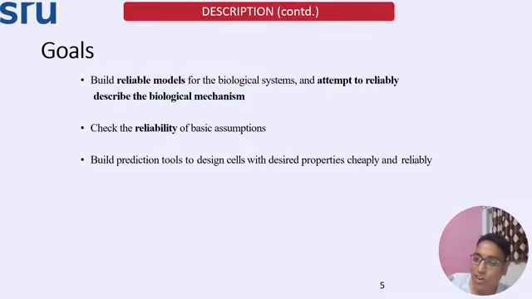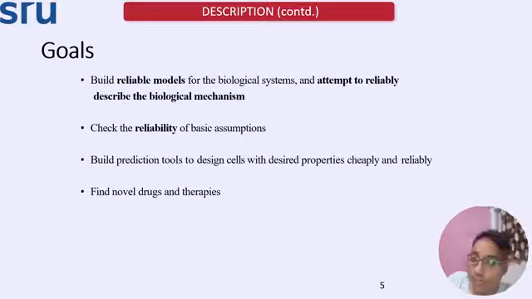Because we cannot send a WhatsApp message to the cell to ask what is the fate of some molecule the moment I give the input of some other molecule. These tools are very important, especially when you are considering a large number of cells and metabolites, and the system is very complex.